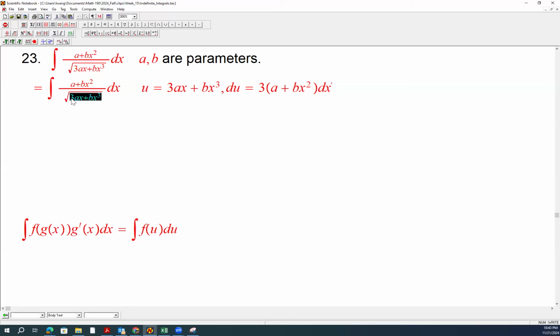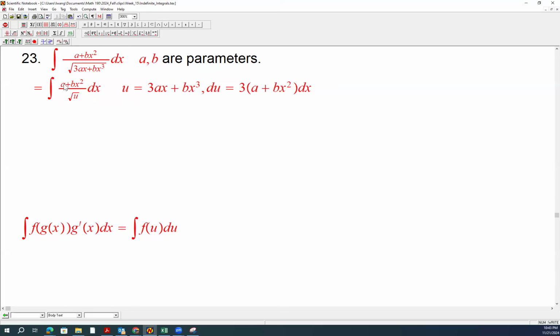So this is our u, and the top part, multiply dx, that's just 1/3 of du. So replacing dx by du, we will have a constant in the front.